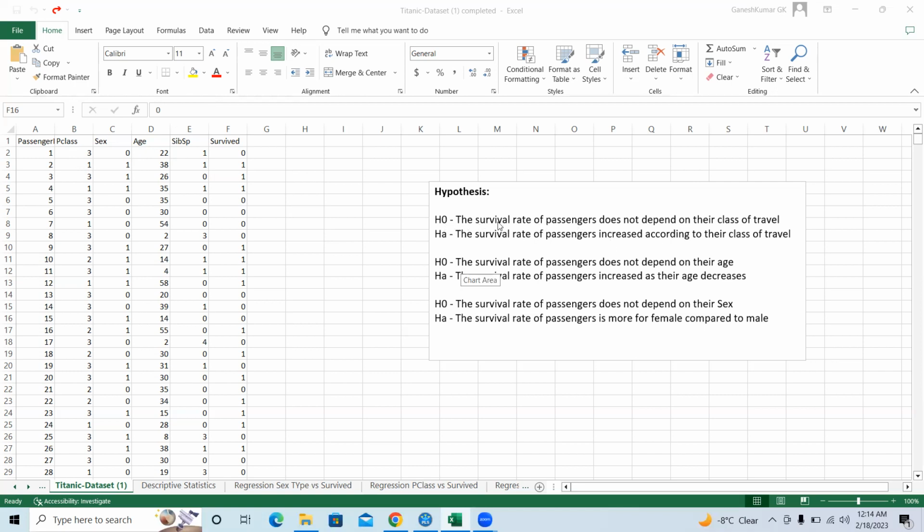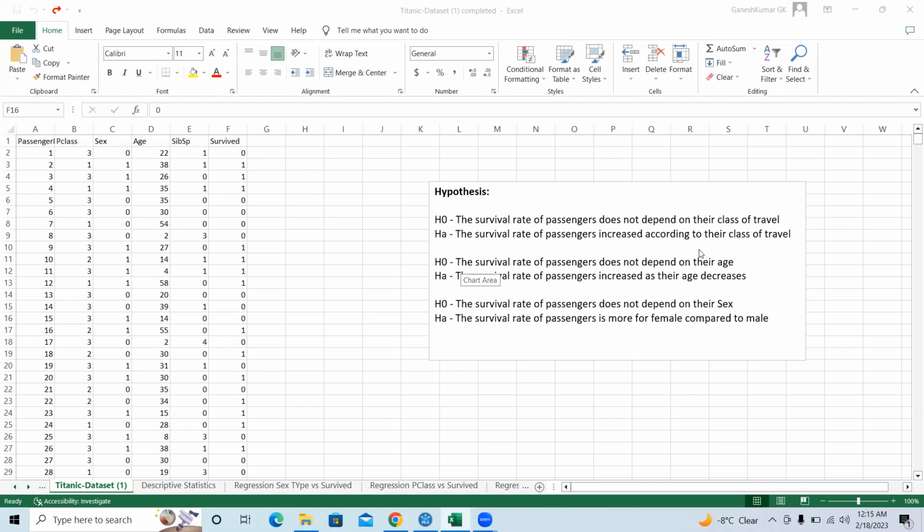My first hypothesis is that the survival rate of passengers does not depend on their class of travel, which is the null hypothesis. My alternate hypothesis is that the survival rate of passengers increases according to their class of travel, which means if they travel in first class, they are given the most priority.